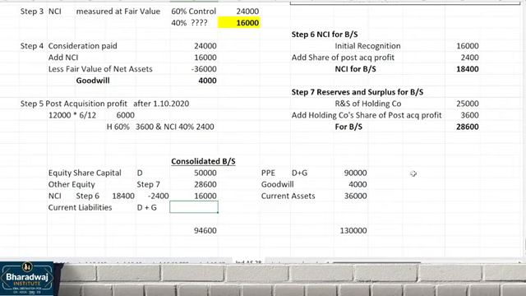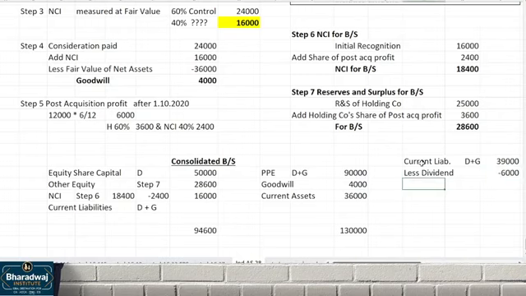Wait. Now I'll work out the current liability separately. How much is the current liability, D plus G? 39,000. This includes dividend payable. Current liabilities include what? Dividend payable. What is the total dividend declared by the company? 6,000 is the total dividend declared by the company.